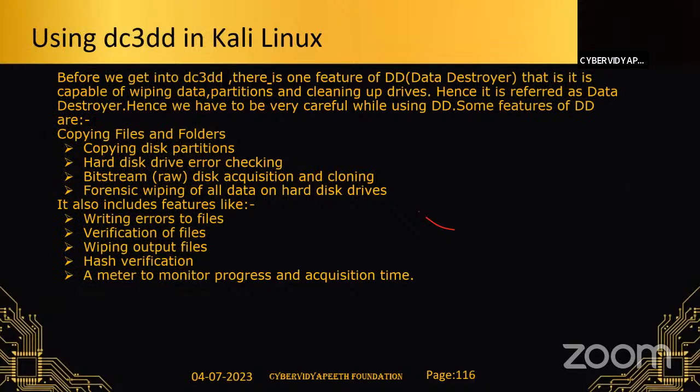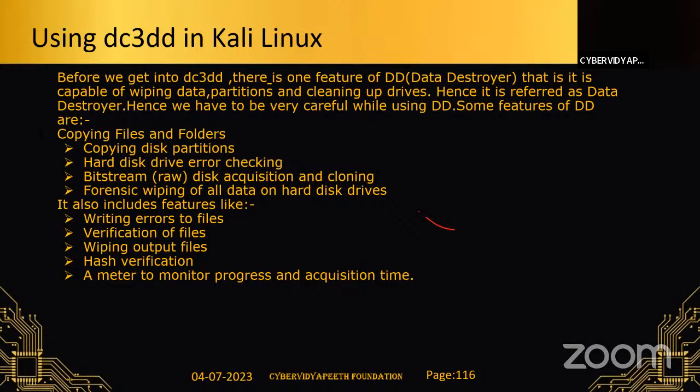With the help of the dc3dd command, we can copy files and folders, and copy a disk partition, a specific partition if you want, C partition, D partition, E partition, like that. We can even do the copying based on hard disk drive error checking. So this tool provides you that capability.